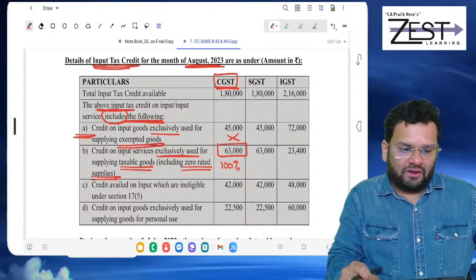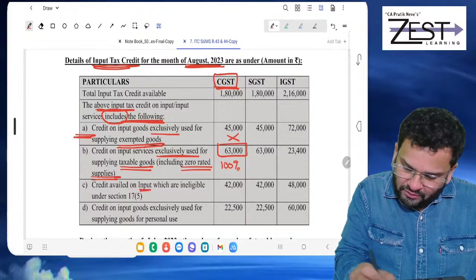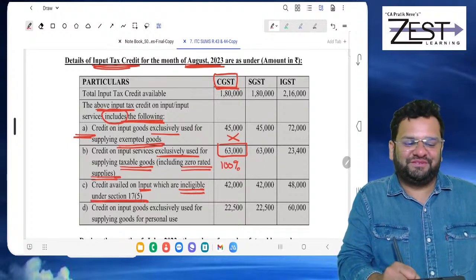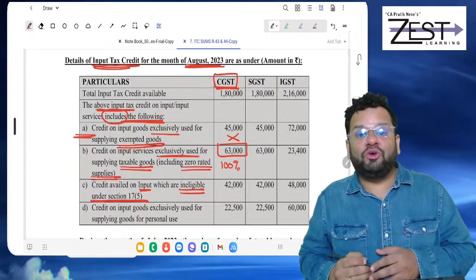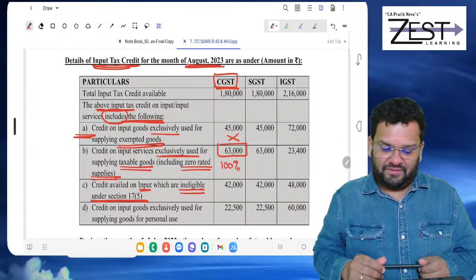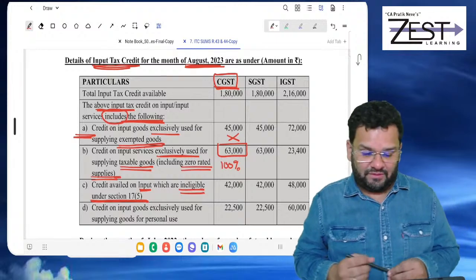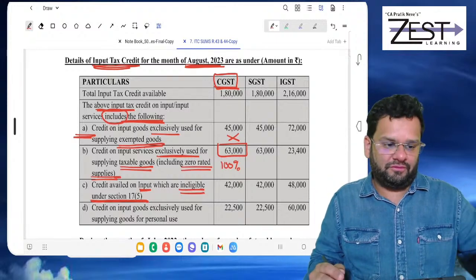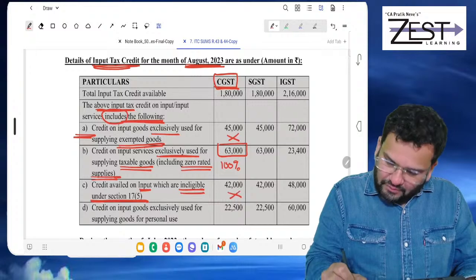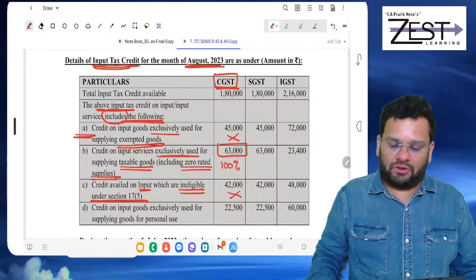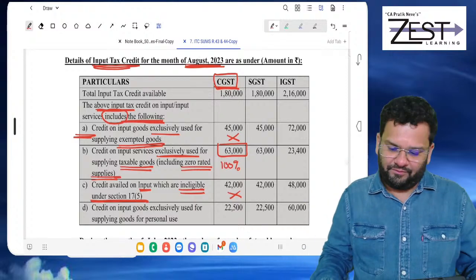Credit availed on inputs which are ineligible under 17(5). What will happen with this credit availed on the inputs which are ineligible under 17(5)? ITC is not at all available. It is blocked, isn't it?